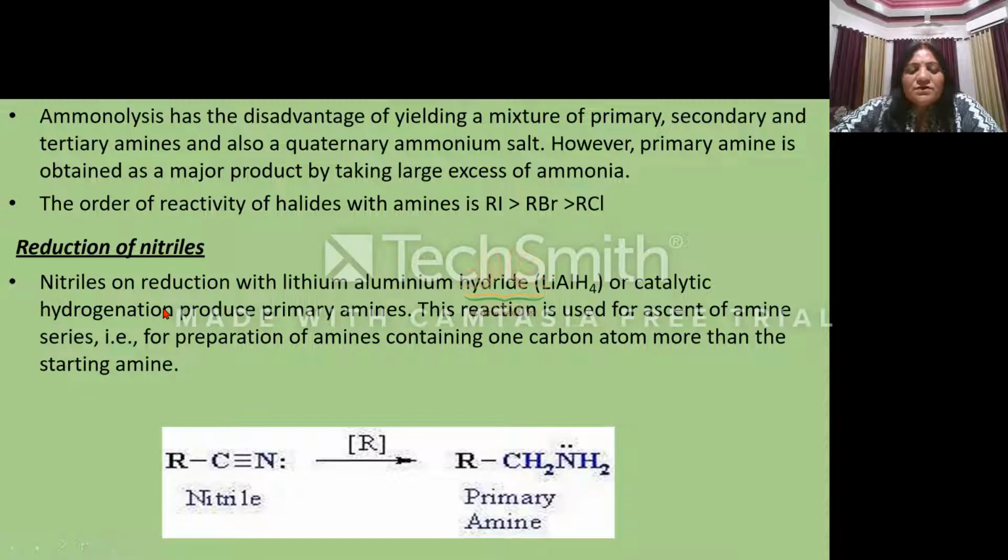So 2 hydrogens are linked here and 2 hydrogens here, then it forms primary amine. Nitriles on reduction give primary amine, and this is an important preparation of the primary amine from nitriles.